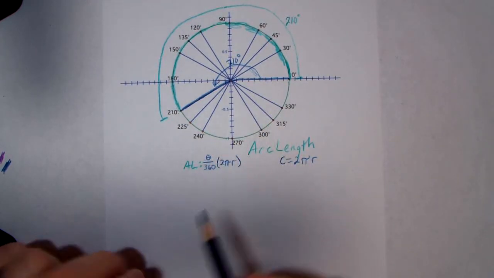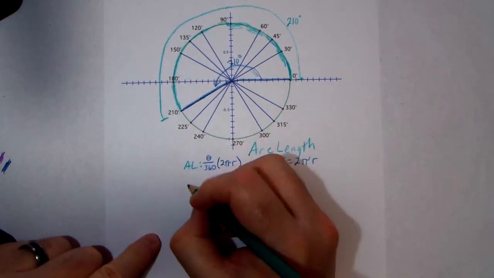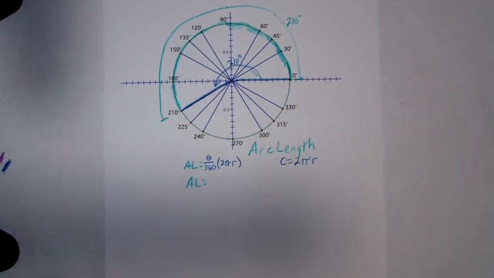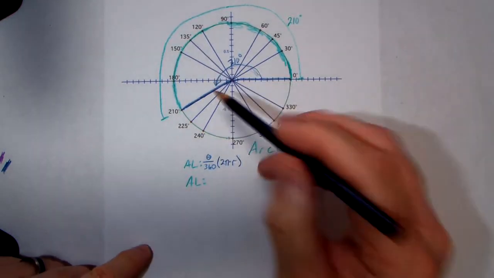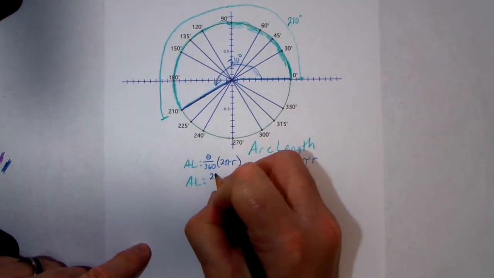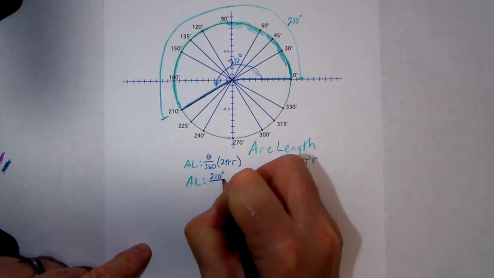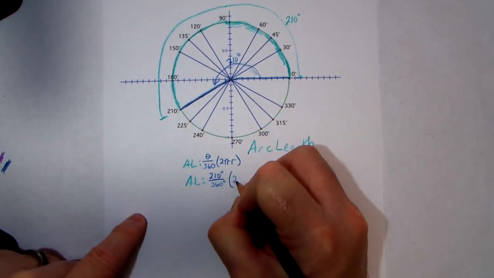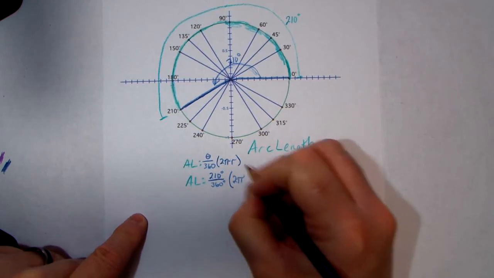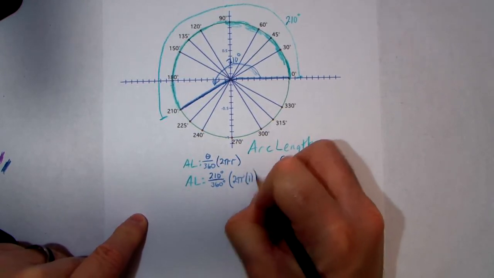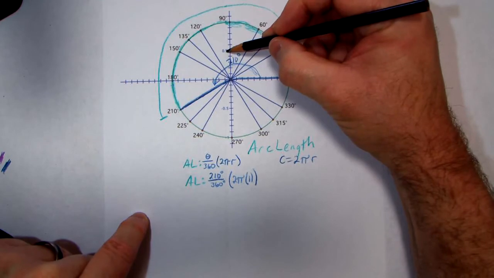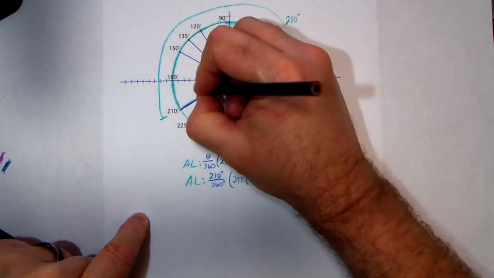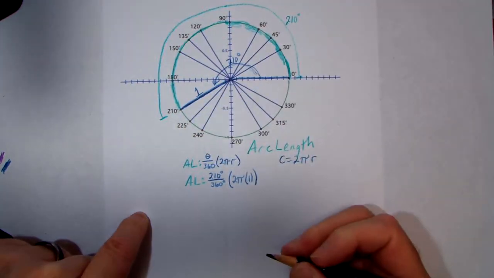In this particular problem, the actual length of that arc is going to be the number of degrees, which is 210 degrees out of 360 degrees, times 2 times pi times the radius, which in this particular circle, if we look at the scaling, it's 0.5 to there and 1 to there. So the radius of this circle is 1 unit.